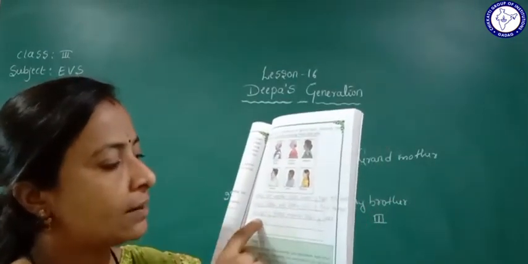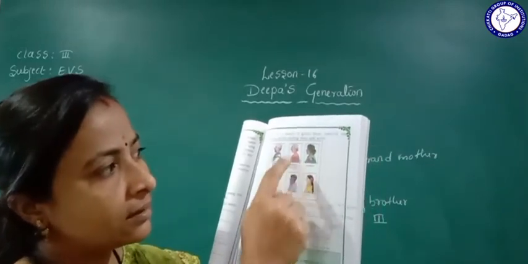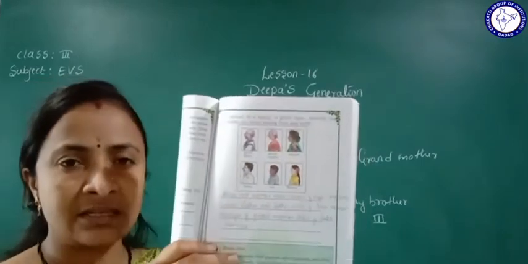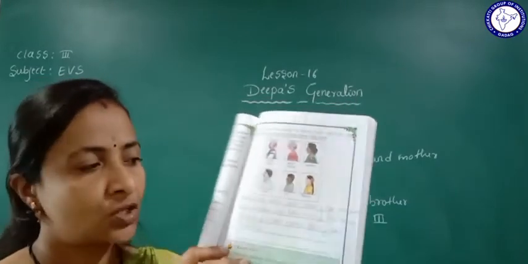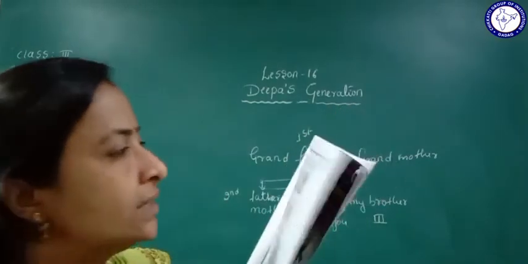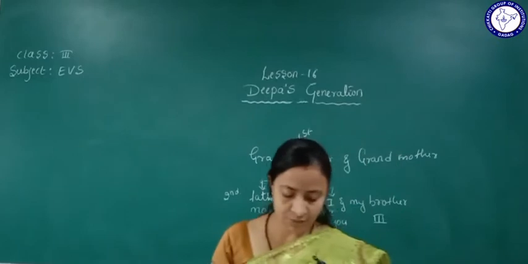Next, Ramya and grandmother: their skin and face resemble. Understood? These are the similarities of this family. In your family, mention any similarities, okay.